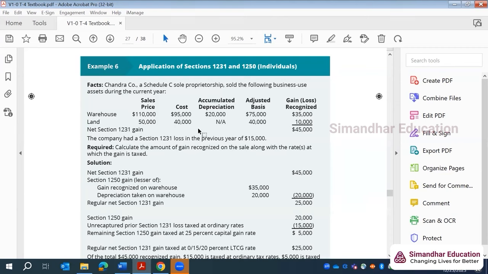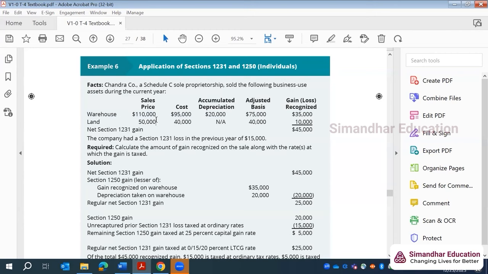Okay. So here the sale price of the warehouse is $110,000. Cost is $95,000. Accumulated depreciation is $20,000. Adjusted basis is $75,000. Now my initial cost is $95,000 and I'm selling it for $110,000.